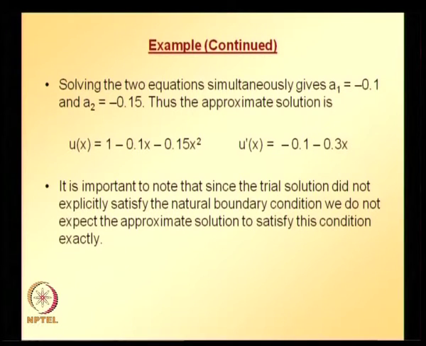And one more thing: why is the derivative quantity not matching well when you compare it with the exact solution? The reason is, it is important to note that we started with a quadratic trial solution and made it admissible by imposing the essential boundary condition, but we never imposed the natural boundary condition.